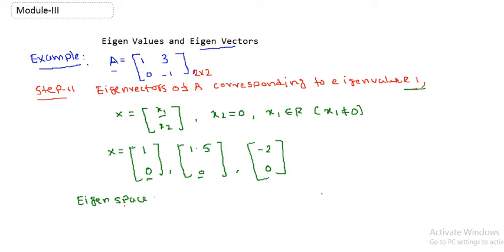In the eigenspace we take all the eigenvectors corresponding to the eigenvalue 1, and also the zero vector. So the eigenspace is basically all (x1, 0), where x1 is any real number. For a space we need the zero vector because every subspace contains the zero vector. So x1 can be 0 here, giving the vector (0, 0).